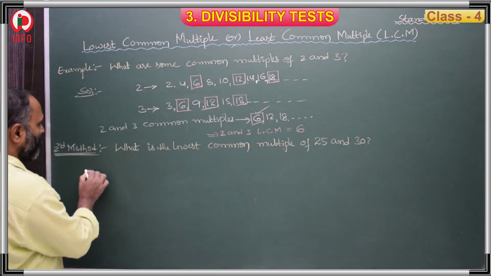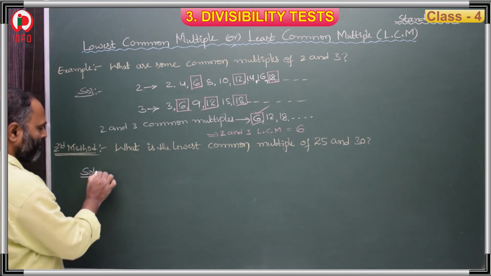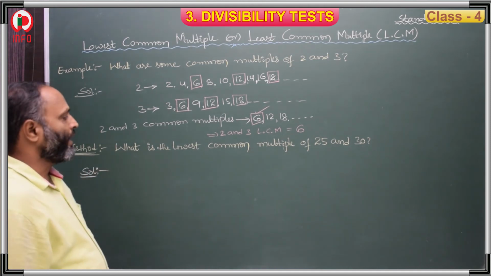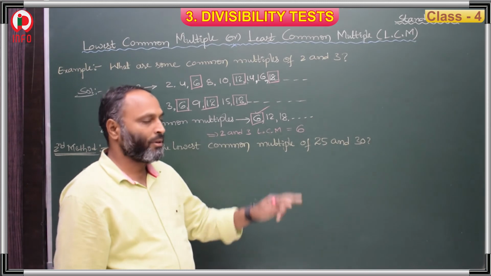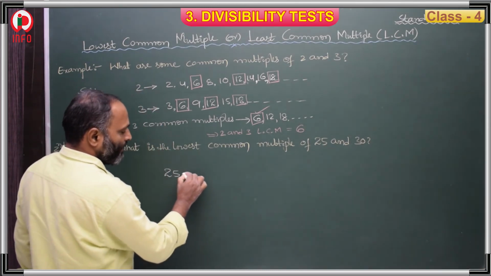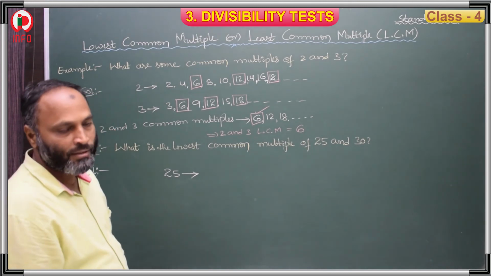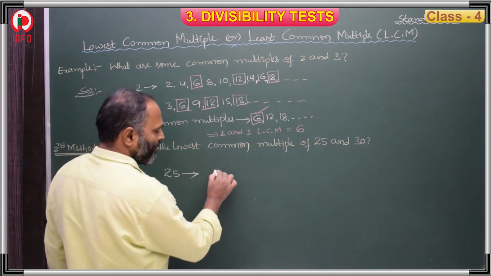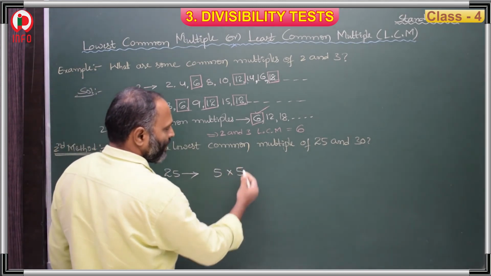In the second method, how do we find the least common multiple of 25 and 30? First 25: write its prime factors, 5 5s are 25.